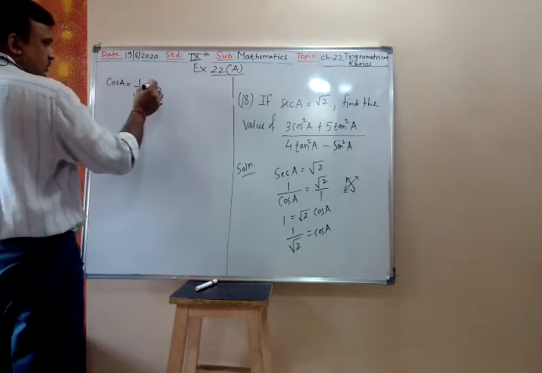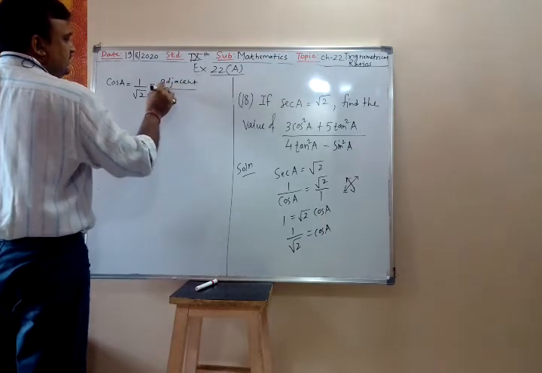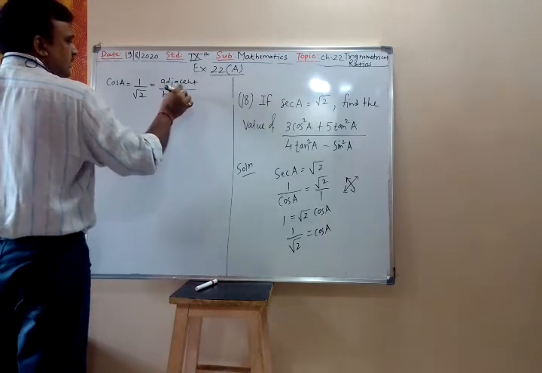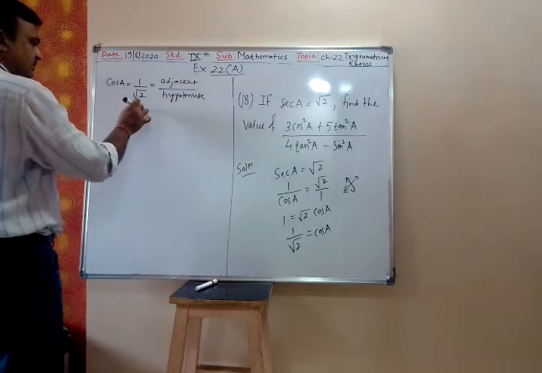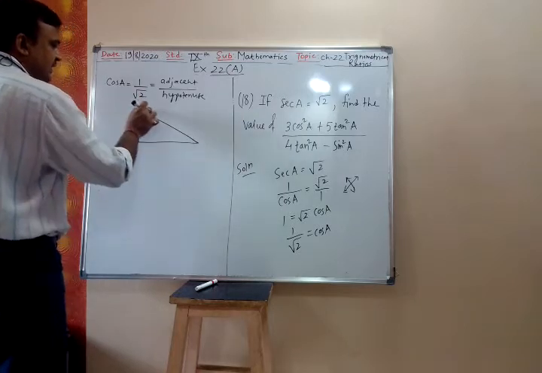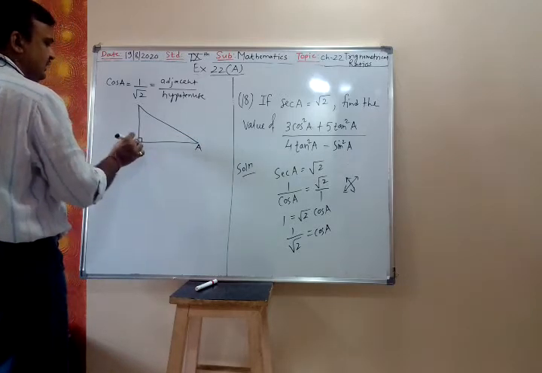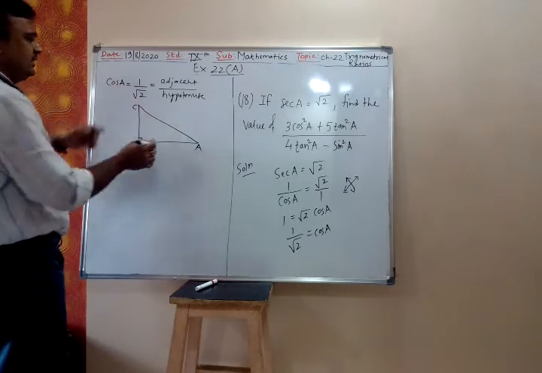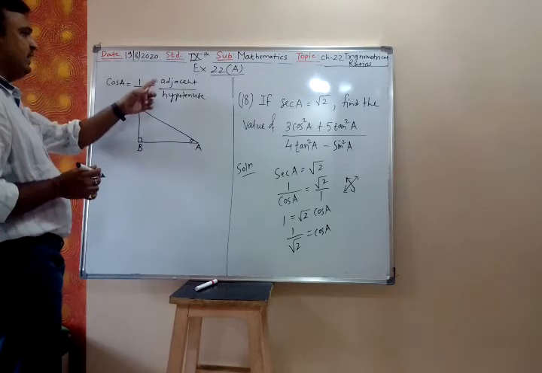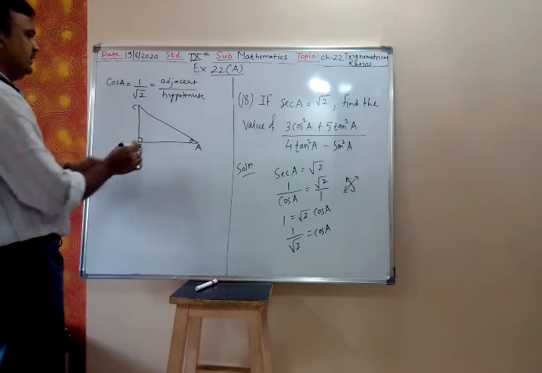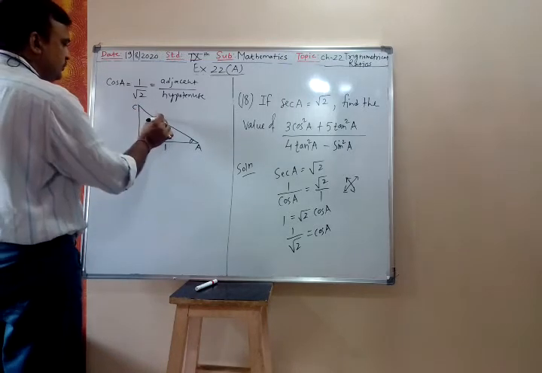So adjacent is 1, hypotenuse is root 2. So now we draw the diagram. A is my reference angle. So I can take A downward, A, B, C. This is my reference angle A. Cos A, adjacent is this side, AB. So adjacent is 1 and hypotenuse is AC, that is root 2.